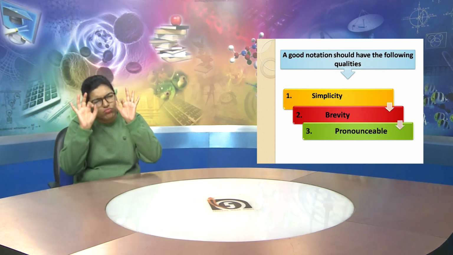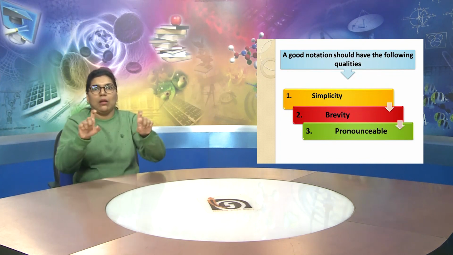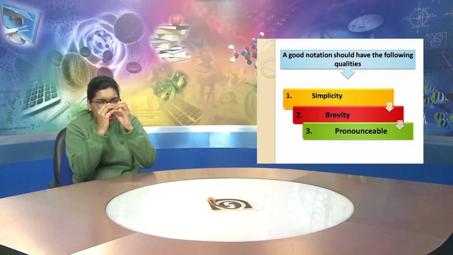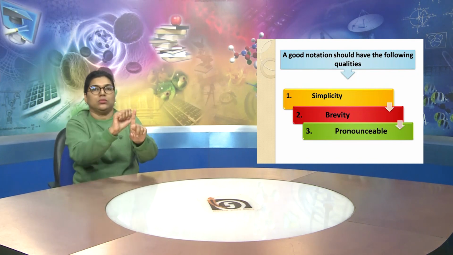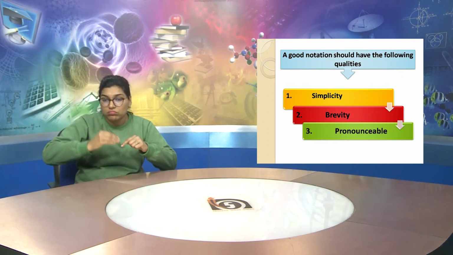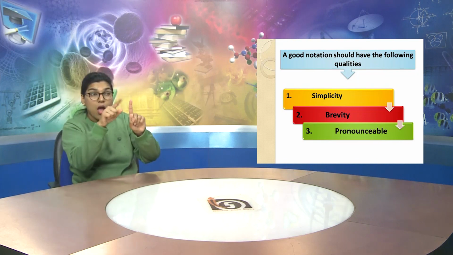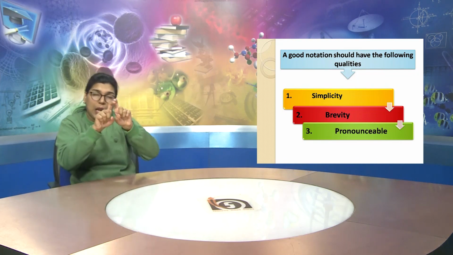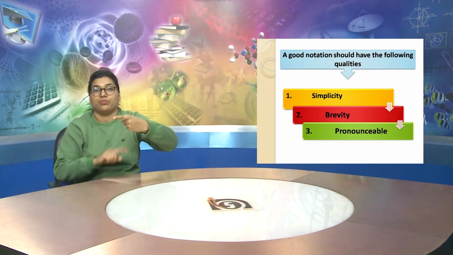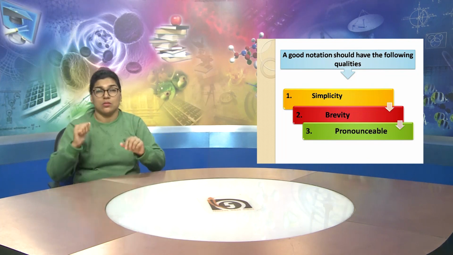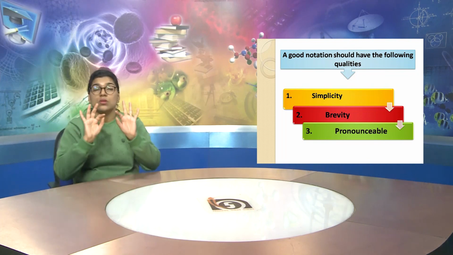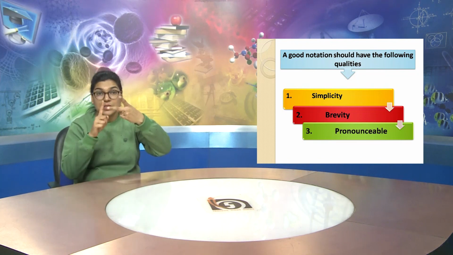Let us now understand the qualities of a good notation. Every notation which is considered good should have the following qualities. These are mainly 3 qualities. The first one is simplicity. The second is brevity.